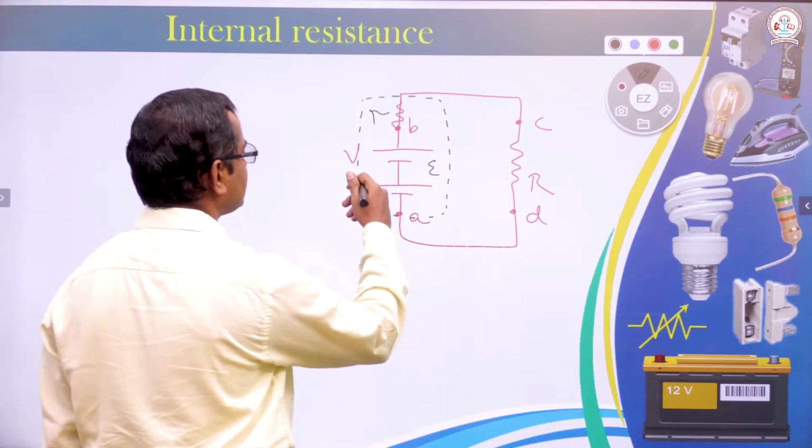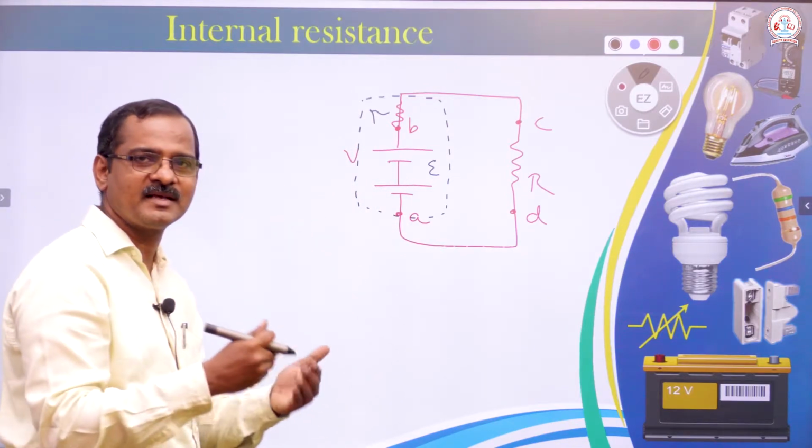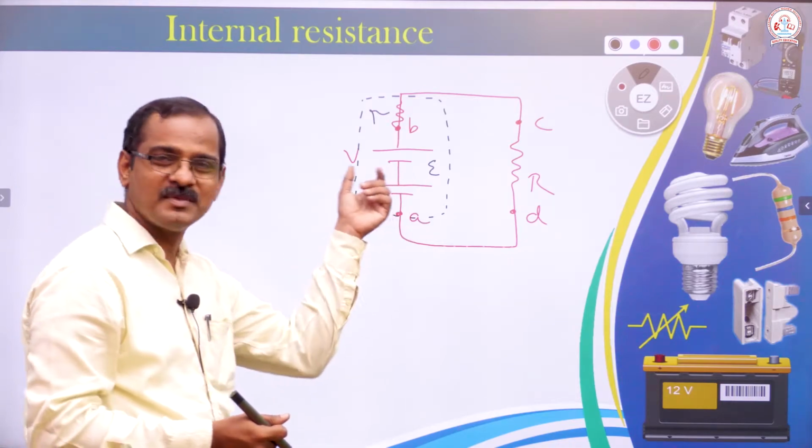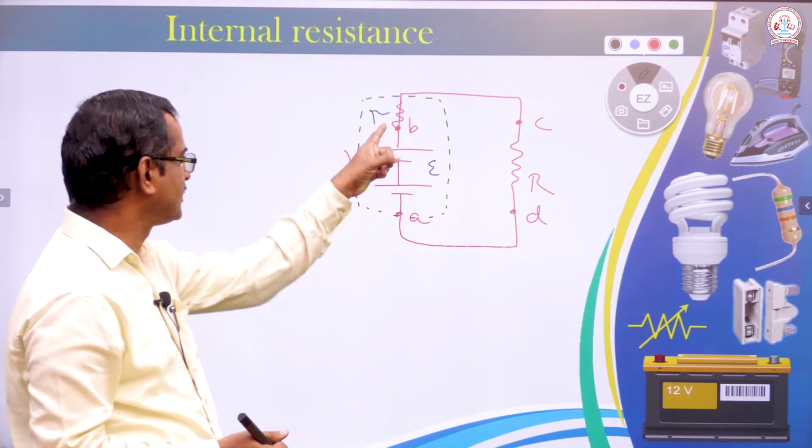Then if we measure voltage, it is not going to give the exact voltage, because there is some internal resistance, so there will be some voltage drop.